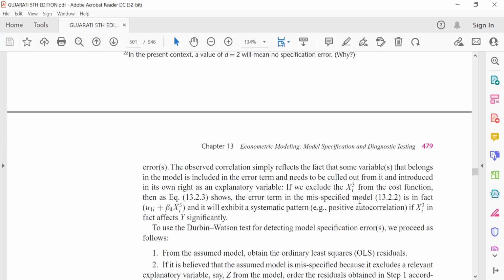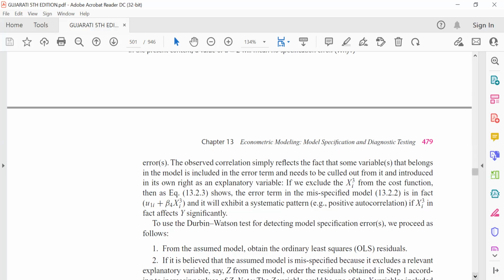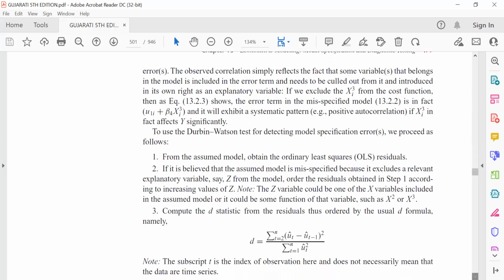If we exclude x cubed from the cost function, then equation 13.23 has an error term in the misspecified model, because the residual is determined also by the excluded variable. I think you can read this one.